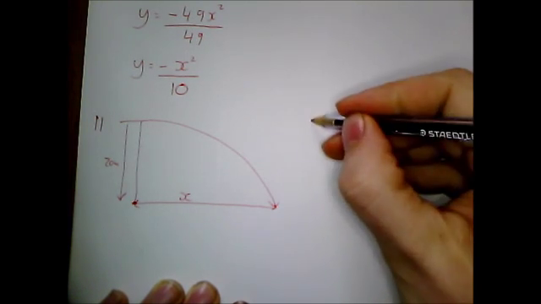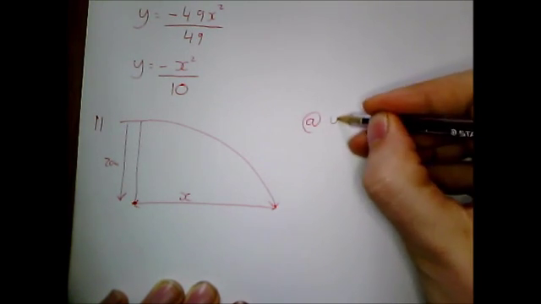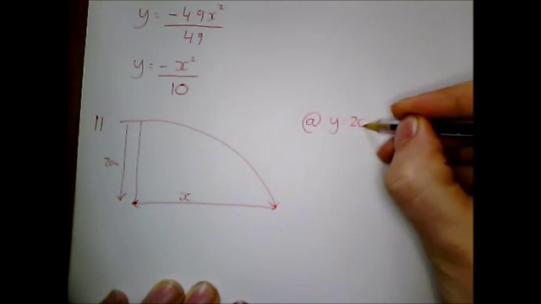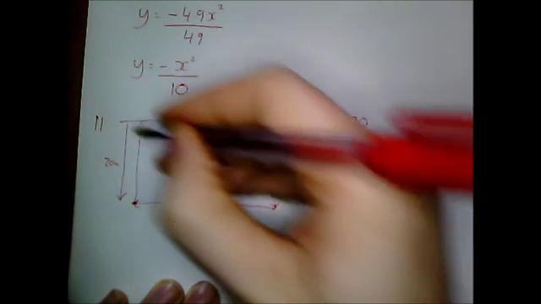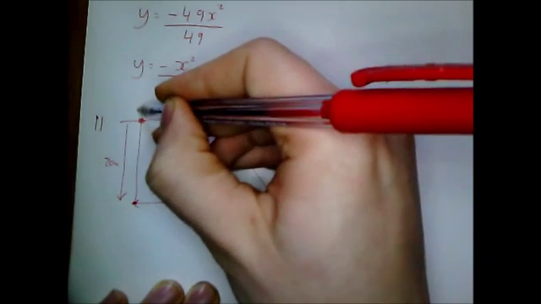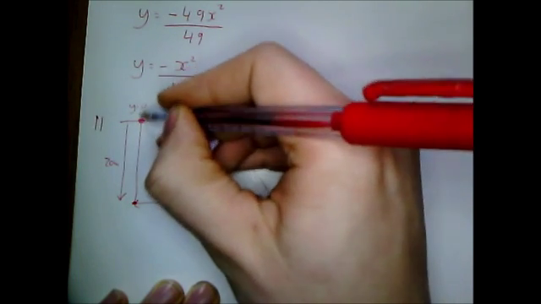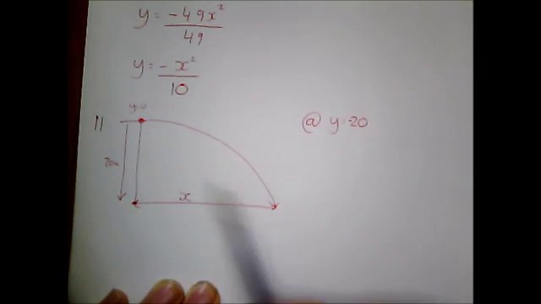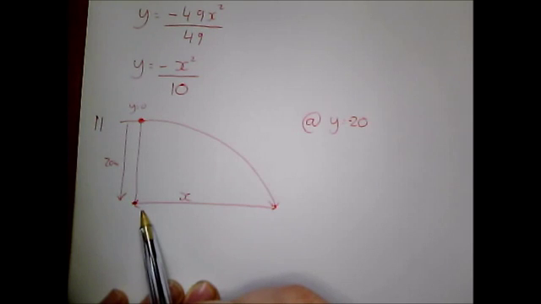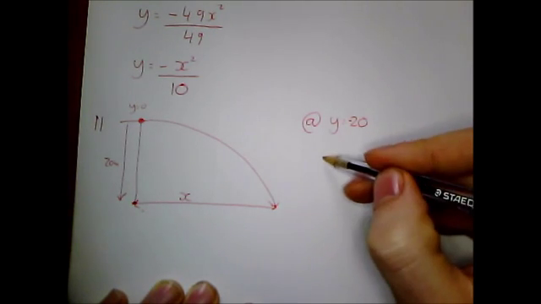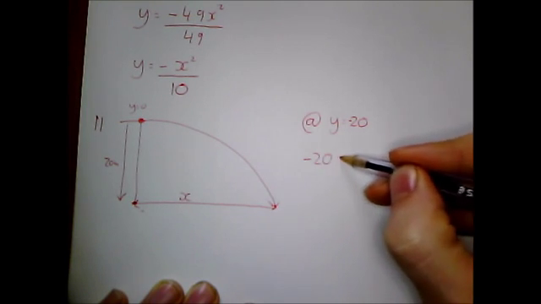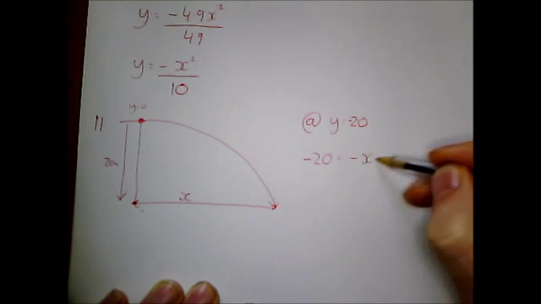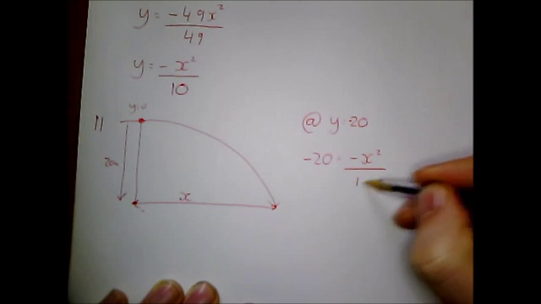So we're using y equals negative 20. This is our datum position here, so this is at y equals 0. We want the x displacement when y is at negative 20. Using our original equation, we've got negative 20 equals negative x squared all over 10.